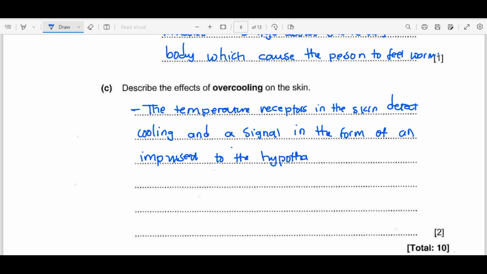hypothalamus. So this hypothalamus is like a structure that works like a thermometer. It's there to measure the temperature. Then it communicates with the other parts to bring about vasoconstriction and vasodilation.